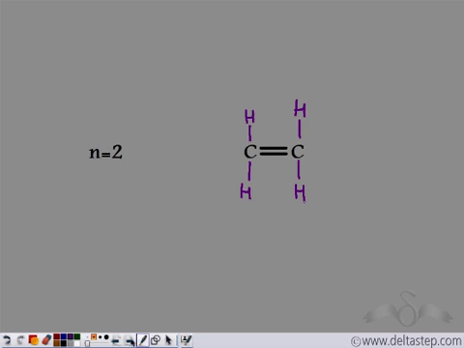Let's take an alkene containing 3 carbon atoms. Since we have 3 carbon atoms and the presence of 1 double bond, the first carbon is linked to the other carbon atom by a double bond, and the other one is linked by a single covalent bond. Let's occupy the other spaces with hydrogen atoms.